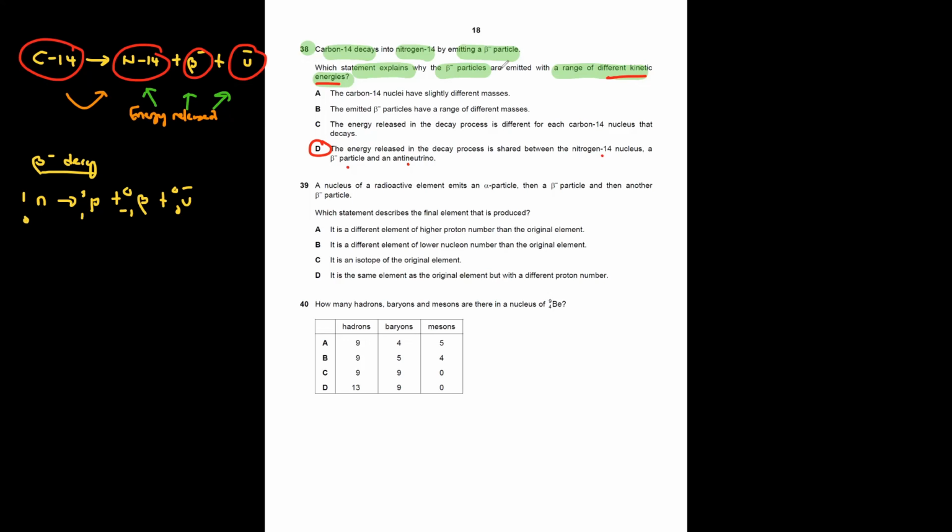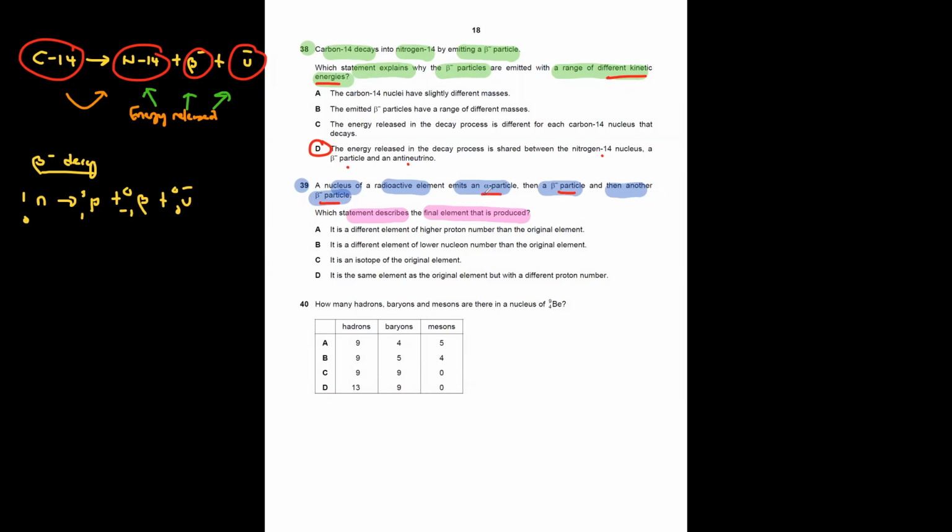Then we move on to question 39. A nucleus of a radioactive element emits an alpha particle, then a beta-minus particle, then another beta-minus particle. Which statement here describes the final element that is produced? If you read the question, there are two beta-minus particles emitted and one alpha particle emitted.